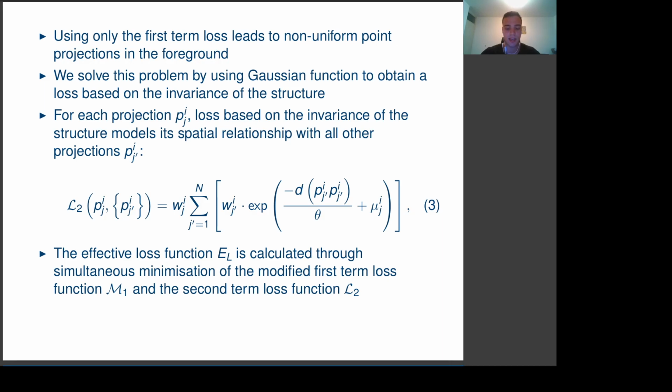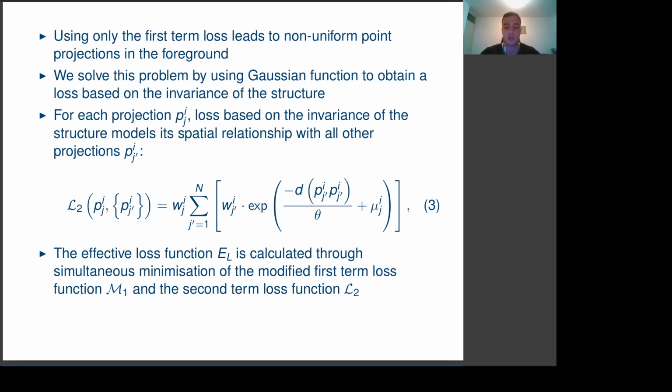In this L2 loss, Wij and Wij prime are weights that correspond to the projections Pij and Pij prime. Theta is a decay parameter greater than 0, and μij, which is also greater than 0, is the boundary bias for the projection Pij.